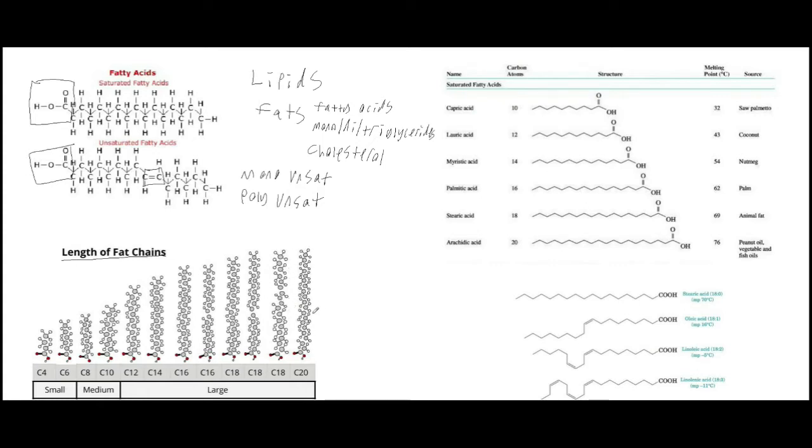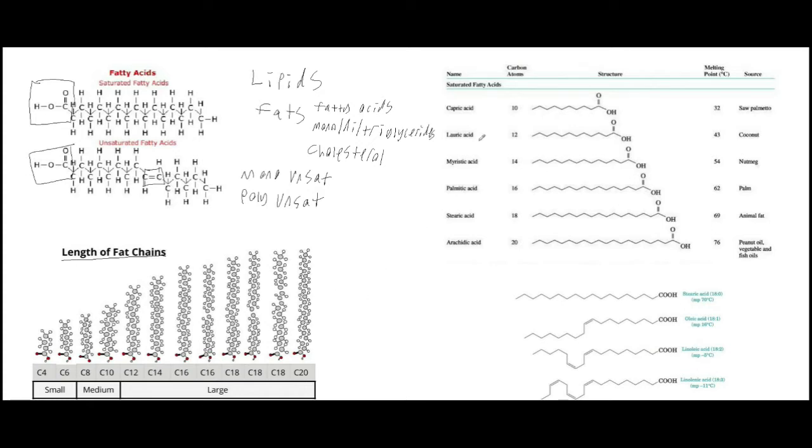When you eat a piece of meat and you have fat in it, they are these large chain fatty acids, and these different chain lengths give different physical properties.